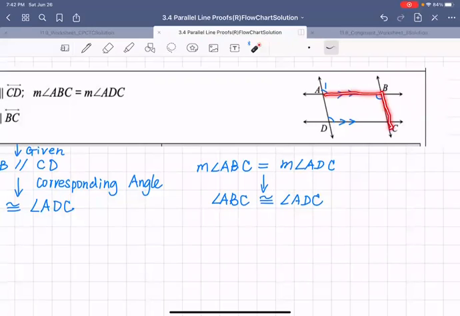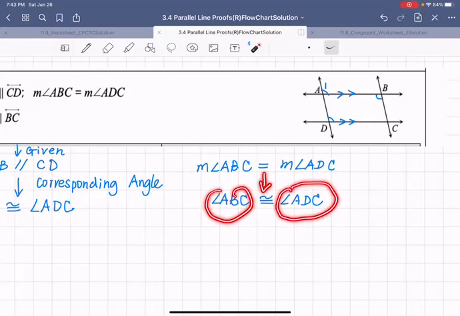As an angle, it is composed of a common point between two straight lines. So the angle ABC represents this line crossing this line at point B, and you choose this angle. So these are two different things. This means measurement, the number of degrees here. When you have the measurement equal, you can write down this angle is congruent to this angle, okay?